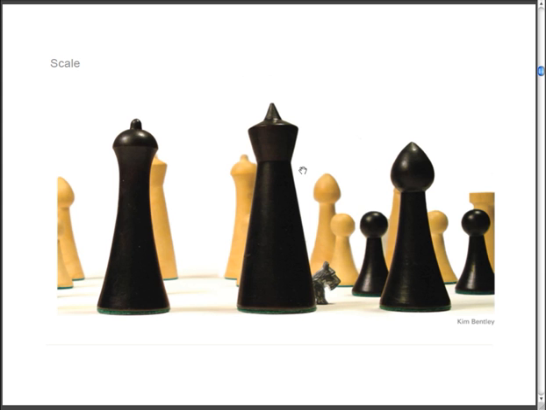Also here we can kind of change scale to bring a different perspective on things. Generally, when we're playing a board game such as chess or Monopoly, we are going to see the playing pieces that we're working with as being fairly small.